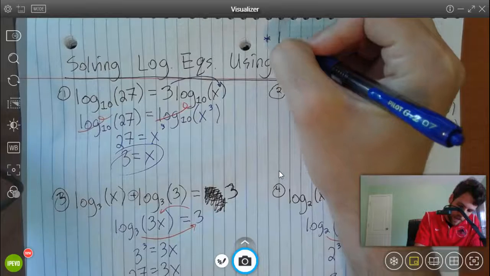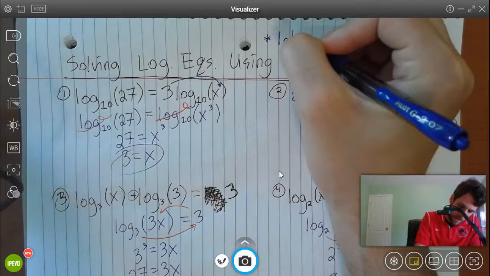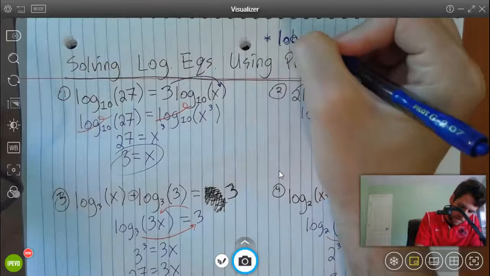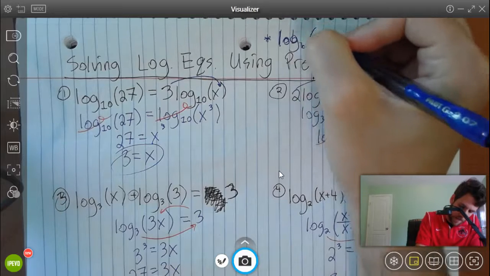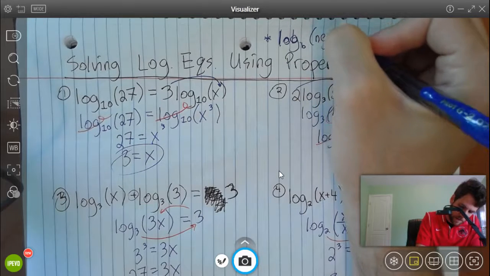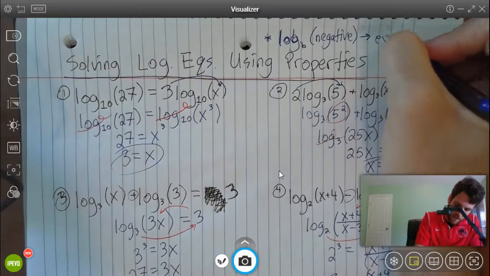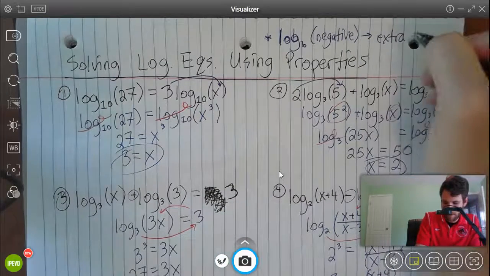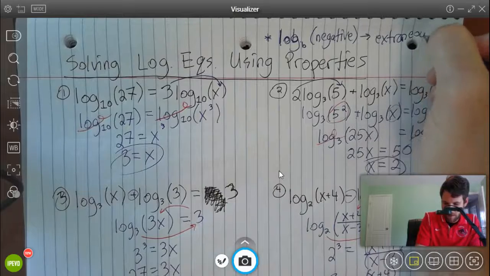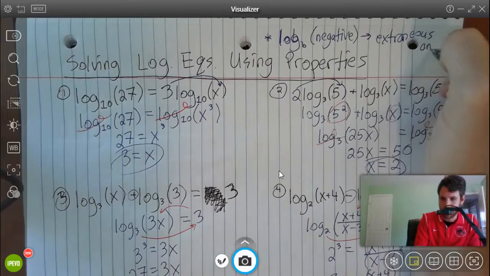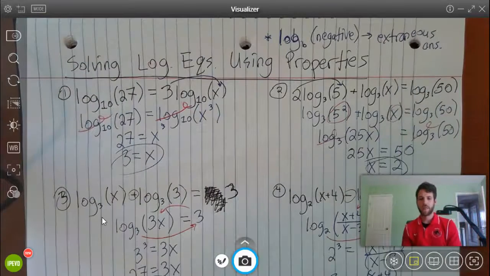Log base b of a negative means extraneous answer. Means an answer that does not work. That is it for solving logarithm equations using properties for this video.